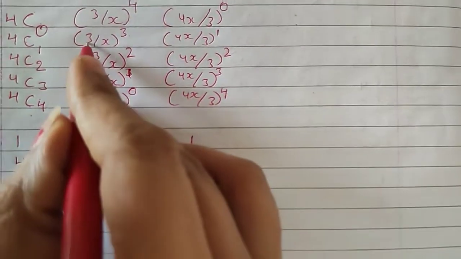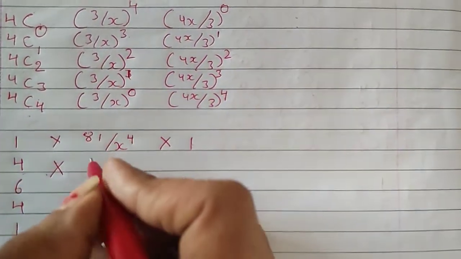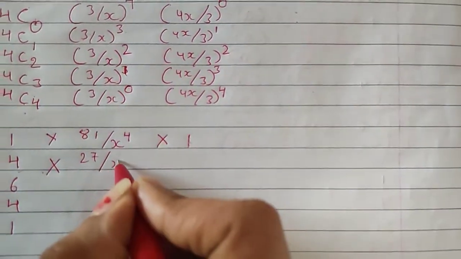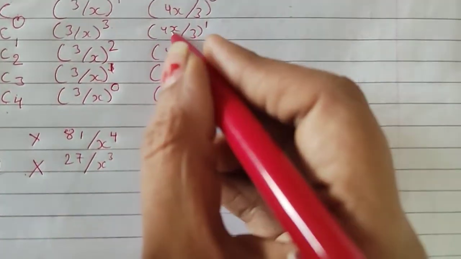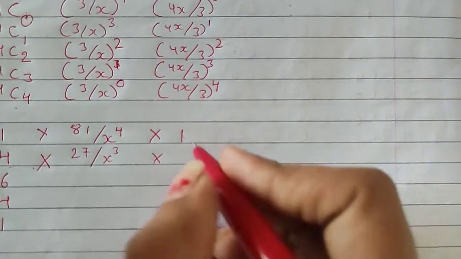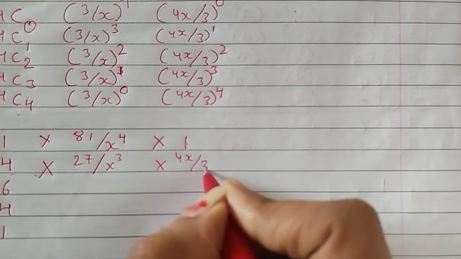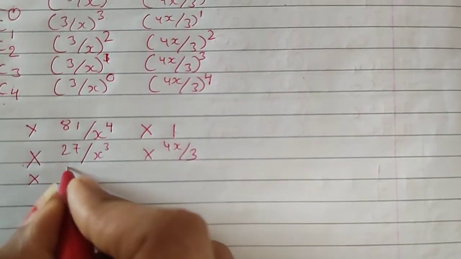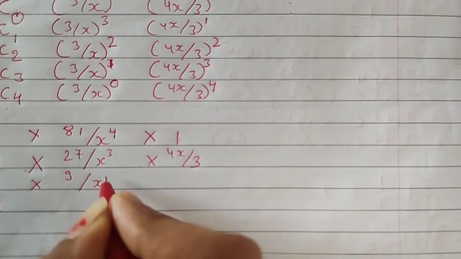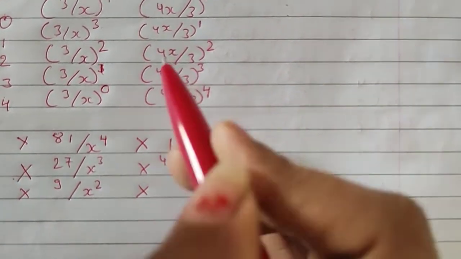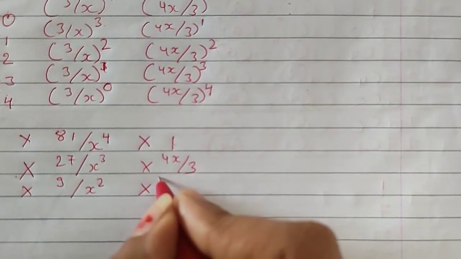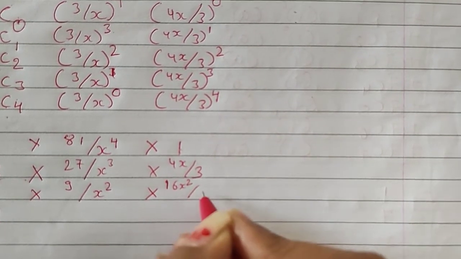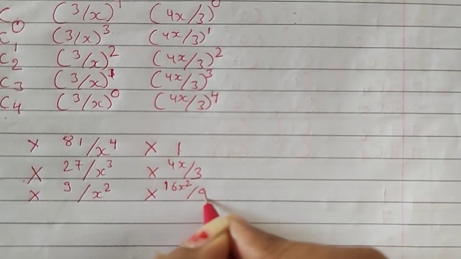Here 3 cubed, so 27, and x cubed into 4x upon 3, then 3 square, that is 9, upon x square into 4x, so here it will be 16x square upon 9.